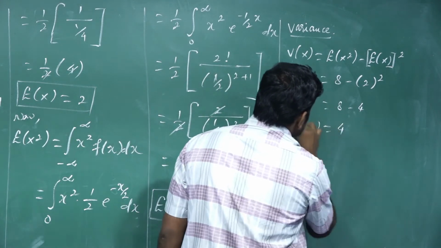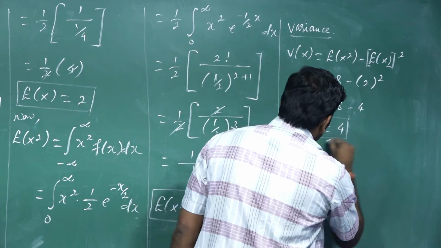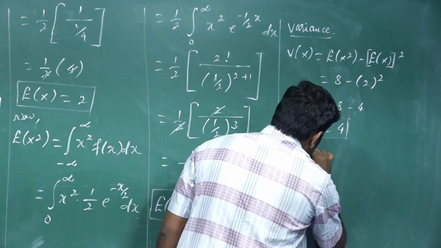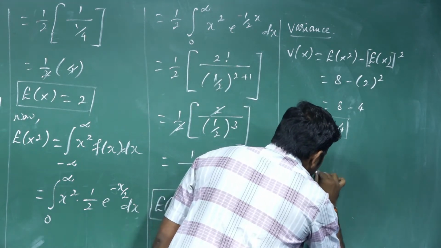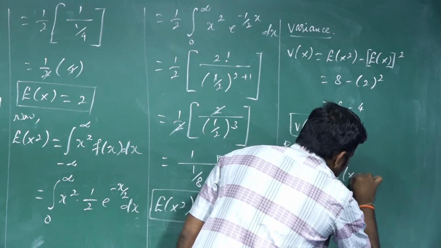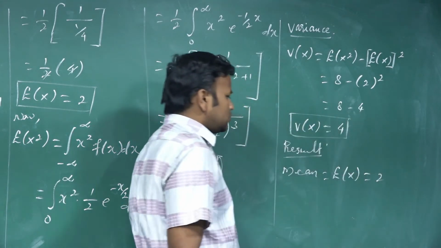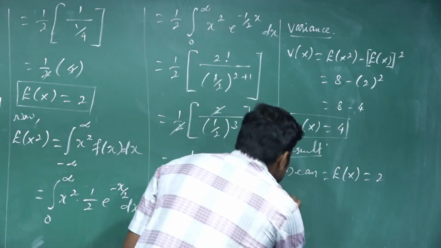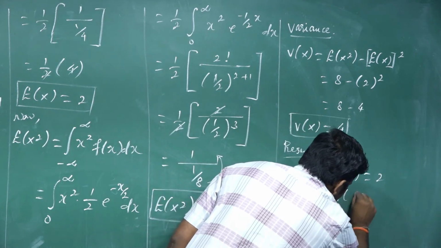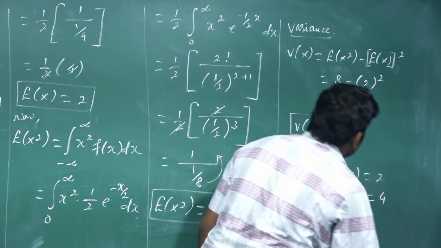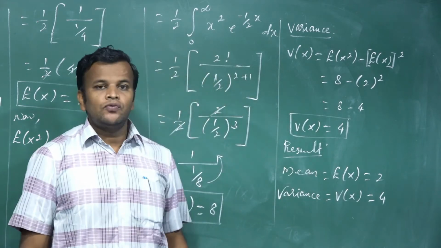So V of x is 8 minus 4, which is 4. The question was to find the mean and variance. So the mean E of x is equal to 2 and the variance, symbol V of x, has the value 4.